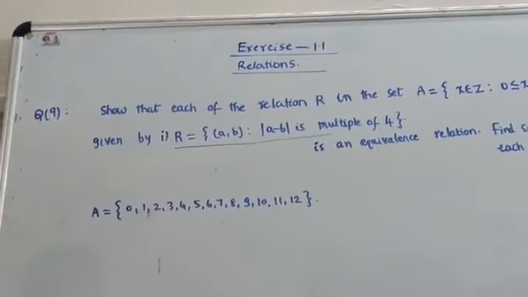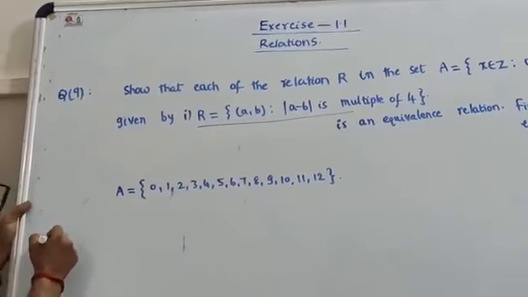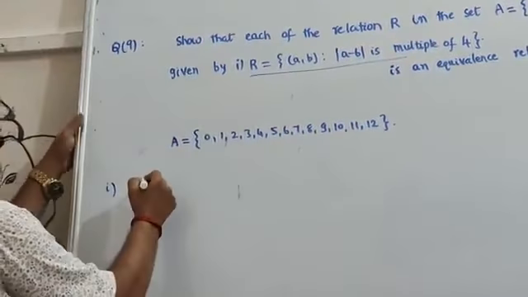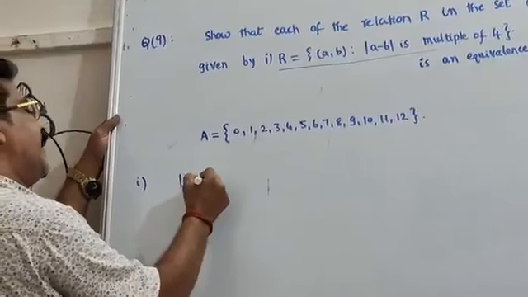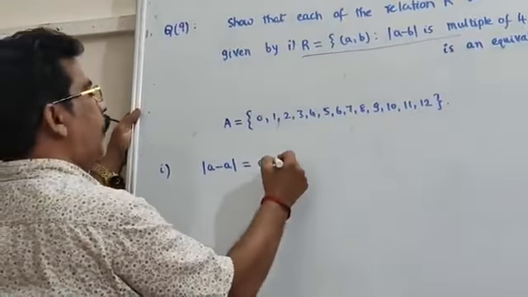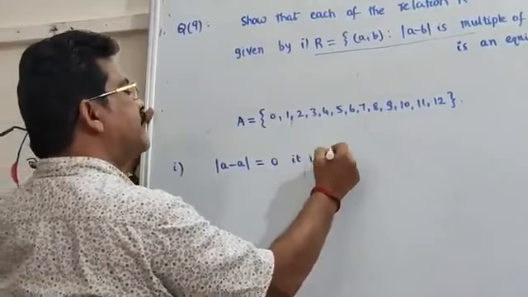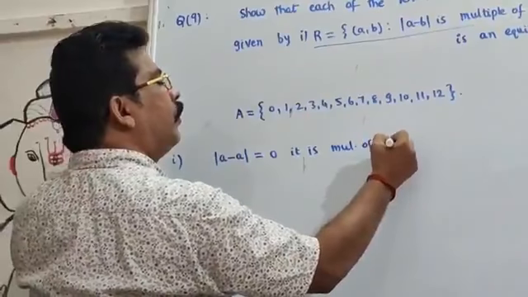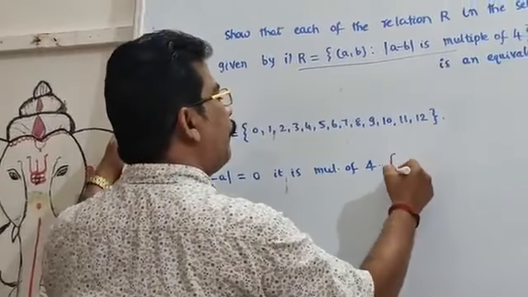a multiple of 4. Here, number 1, we will show that it is reflexive, for which modulus of a minus a is what? 0. It is a multiple of 4. Means how?